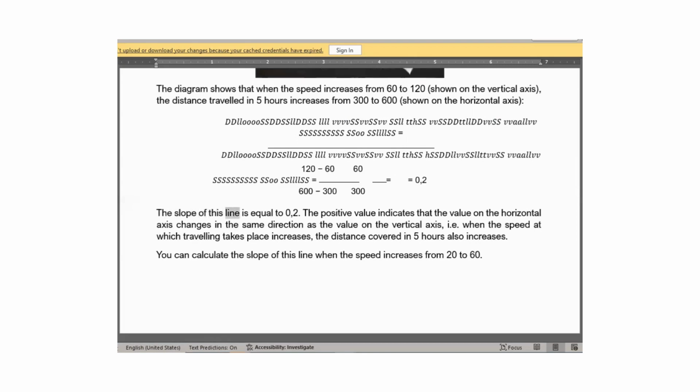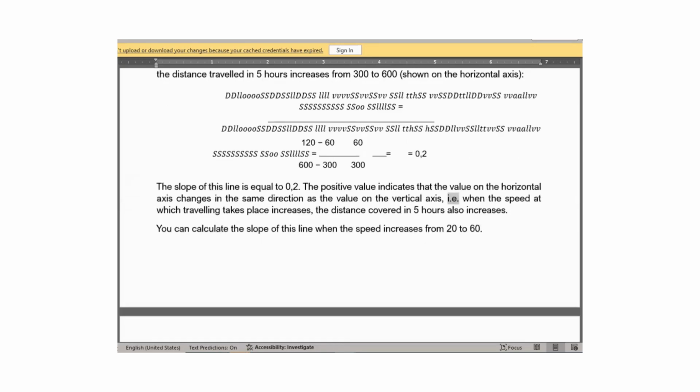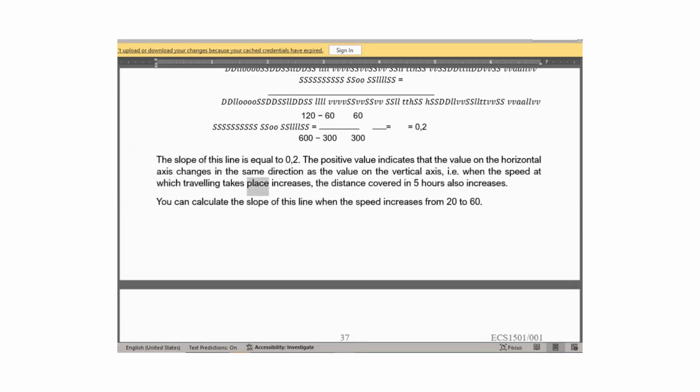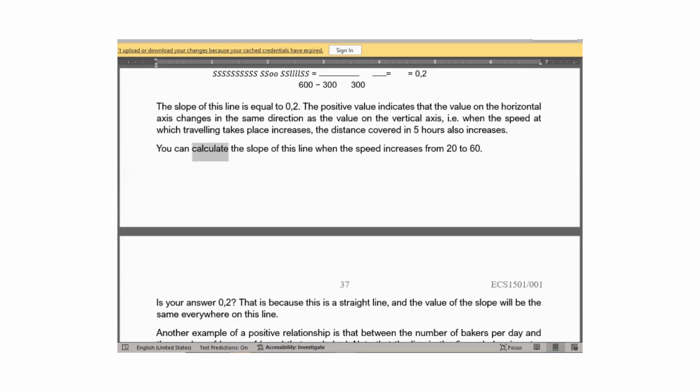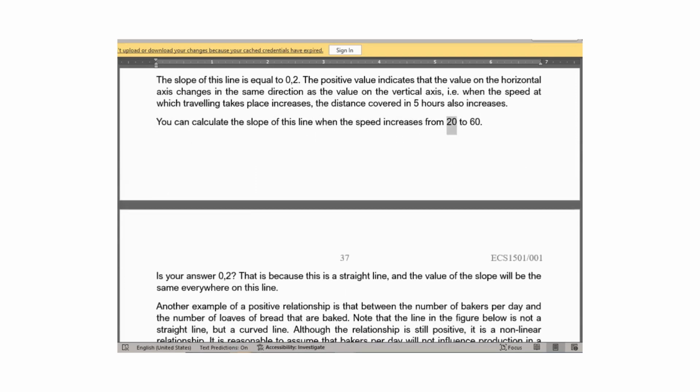The slope of this line is equal to 0.2. The positive value indicates that the value on the horizontal axis changes in the same direction as the value on the vertical axis, i.e. when the speed at which traveling takes place increases, the distance covered in 5 hours also increases. You can calculate the slope of this line when the speed increases from 20 to 60.